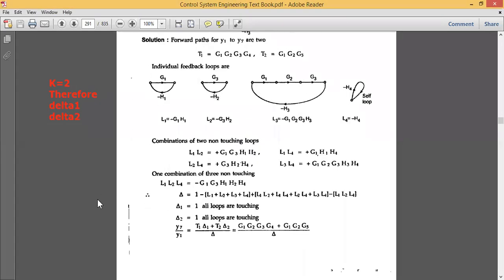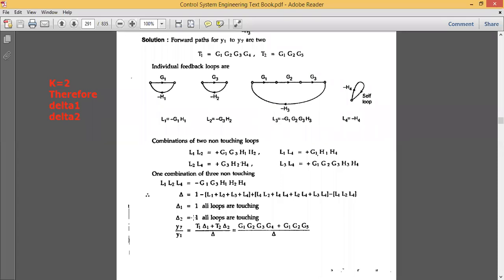That is the reason, whether you take forward path 1 or forward path 2, the loops are touching, so the value of delta 1 and delta 2 is equal to 1. This is how we find the delta functions. Just remember the logic: if any loops are touching the forward path, take that delta as equal to 1. Then, after finding the values of delta 1 and delta 2, simply apply Mason's gain formula.